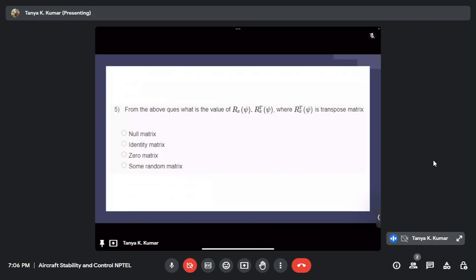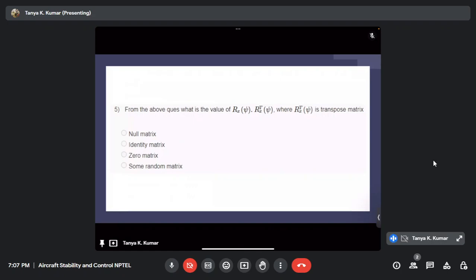Just multiply the two matrices. Now you have the matrix, just multiply it and see. Or take any primary rotation matrix and multiply it with its transpose.